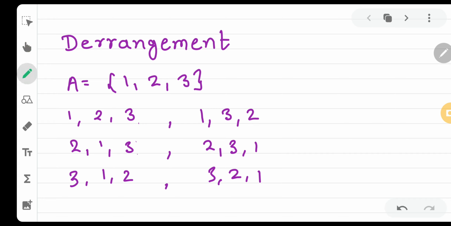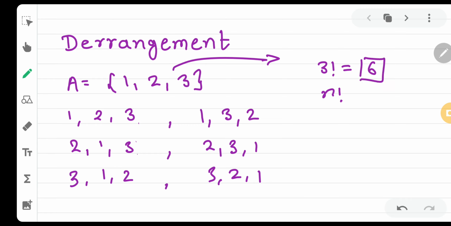You already know if you have 3 elements, the ways of arranging them is nothing but 3 factorial, which is nothing but n factorial, right? So 3 factorial is 6 and over here you have 1, 2, 3, 4, 5, 6 total possibilities available. So that is your permutation formula, which you already know in terms of factorial.